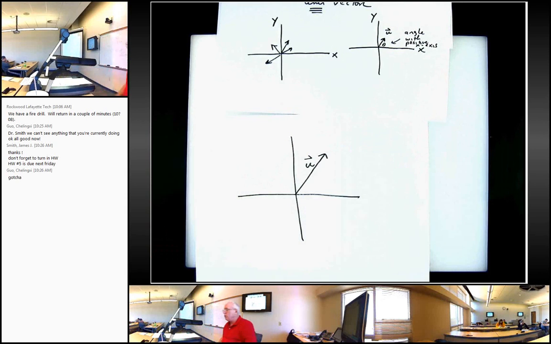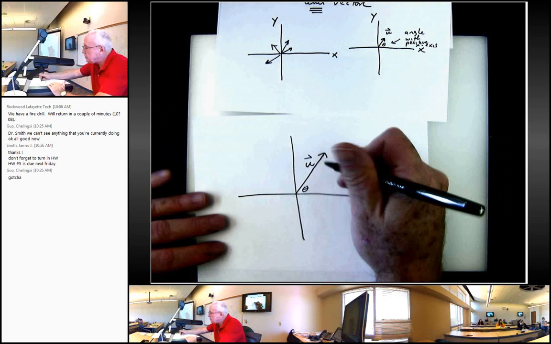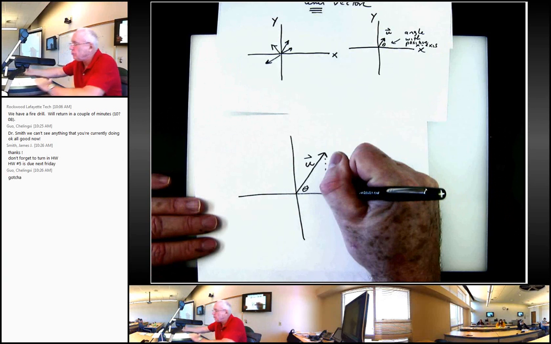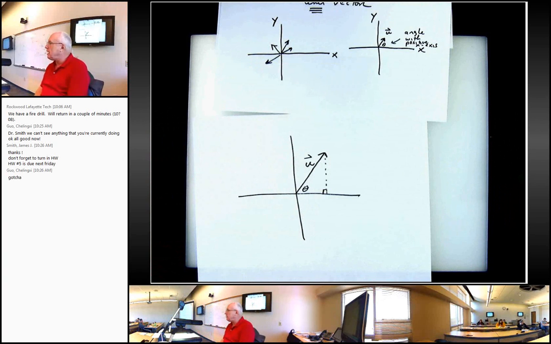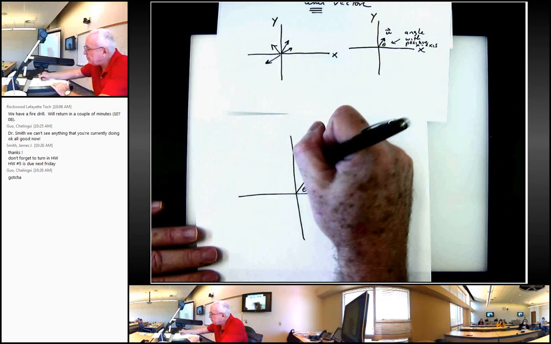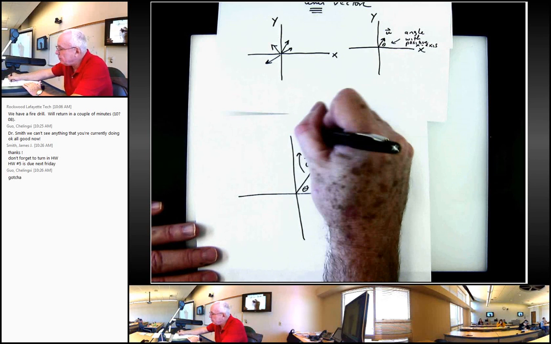So here's our u. It has an angle theta here. To get the x and y components of this, I can just drop a vertical dotted line down to the x-axis. And remember, the length of this thing is 1.